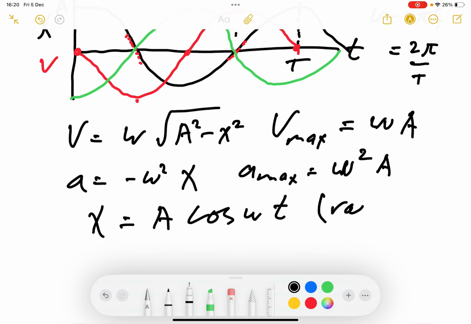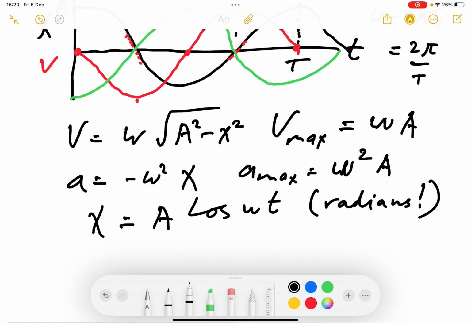And the key thing here is our calculator needs to be in radians, because it's just an inherently radians process.